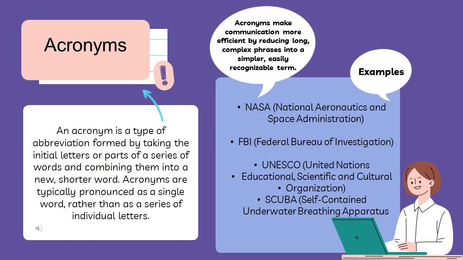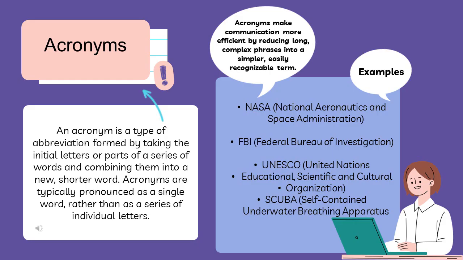The last term we will discuss today is acronym. An acronym is a type of abbreviation formed by taking the initial letters or parts of a series of words and combining them into a new shorter word. Acronyms are typically pronounced as a single word rather than as a series of individual letters.